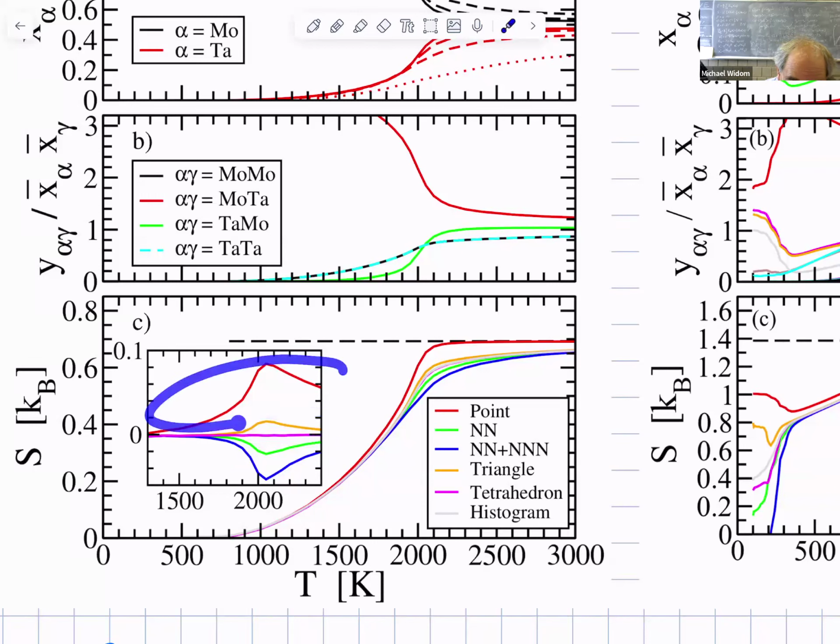Sorry, the point is very high. The pairs are somewhat low. The triangle is a little bit high, and the tetrahedron is almost imperceptibly off of the exact. I take that as quite firm confirmation of the convergence.